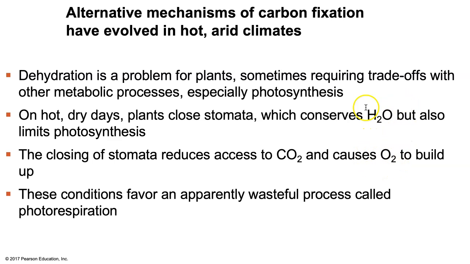This helps with preserving water as well, but it also limits the carbon dioxide that's able to funnel through. These conditions of high oxygen gas and low carbon dioxide gas favor a process called photorespiration that we're going to talk about really quickly.